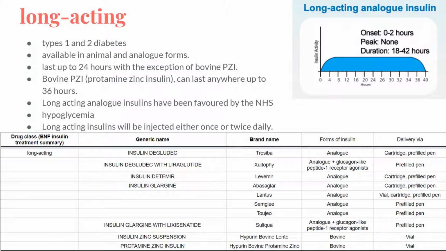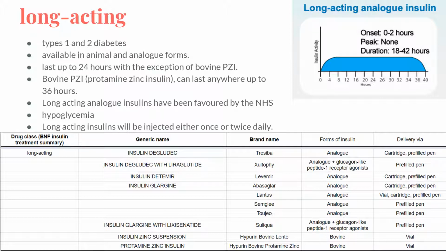Long-acting insulin may be prescribed for a number of people with type 1 and type 2 diabetes. Long-acting insulins are available in animal and analog forms. Their activity can last up to 24 hours with the exception of bovine PZI. Bovine PZI, or protamine zinc insulin, can last up to 36 hours.